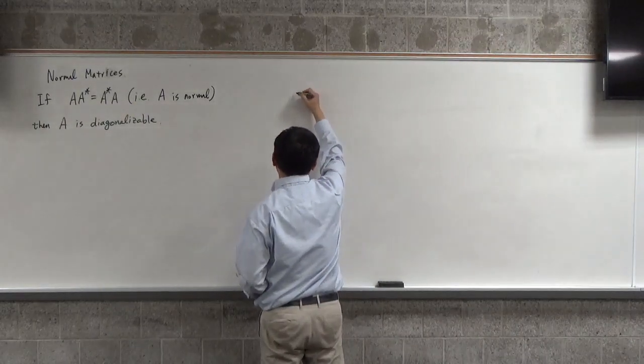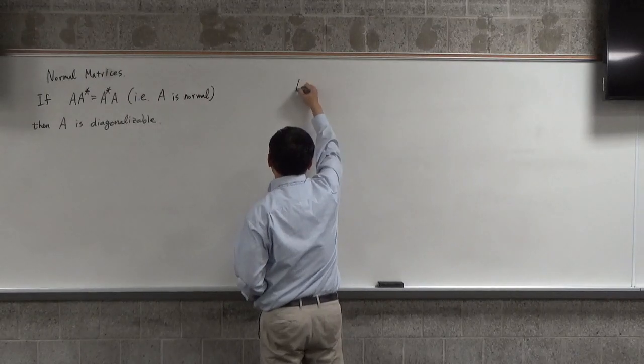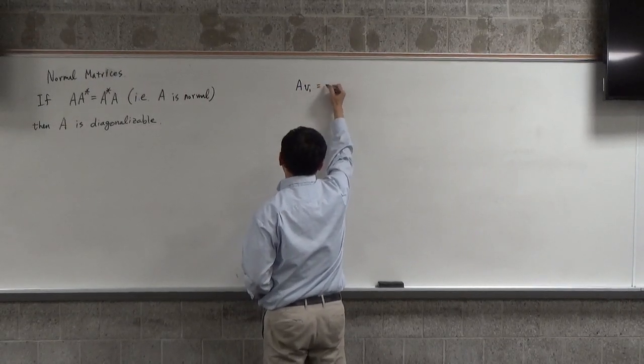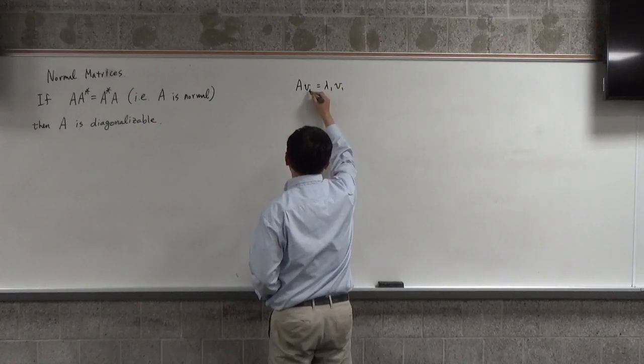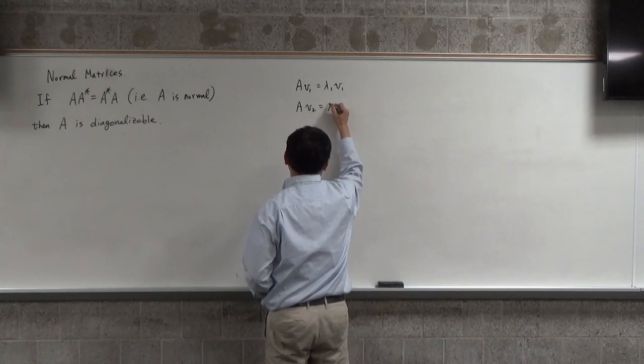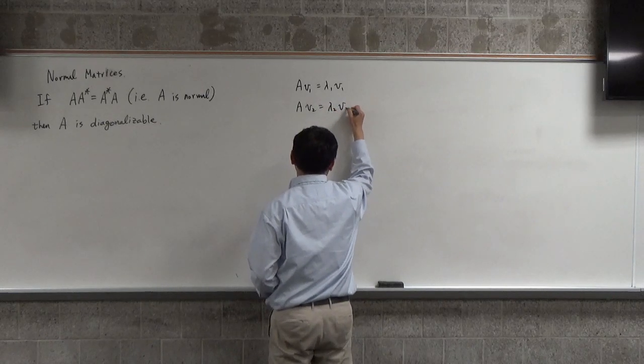Suppose you had A times v1 equals lambda 1 v1, and A times v2 equals lambda 2 times v2.